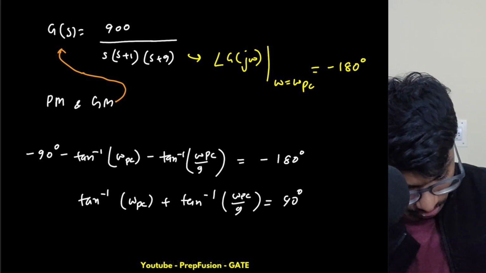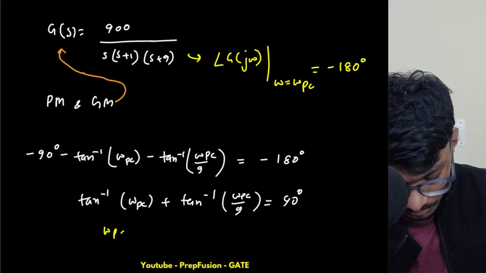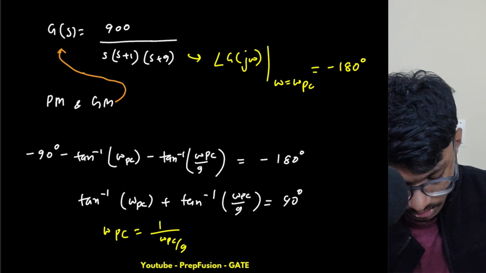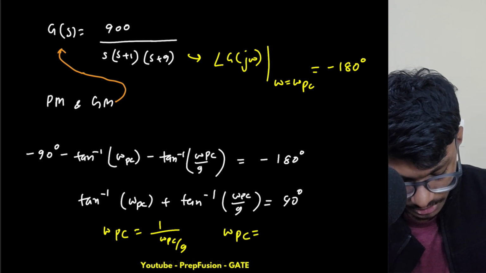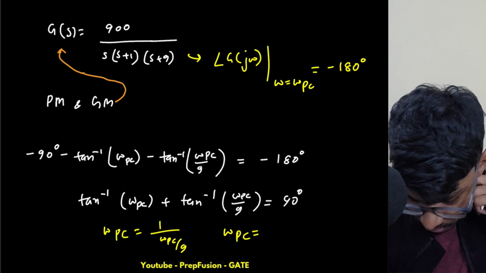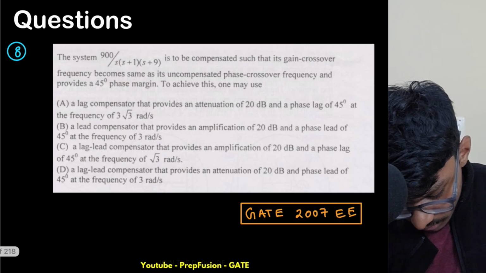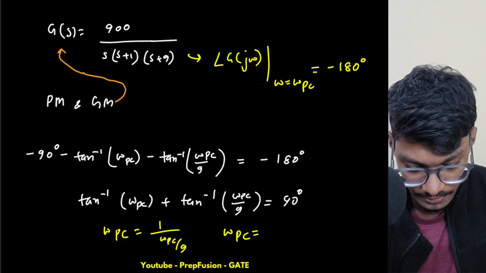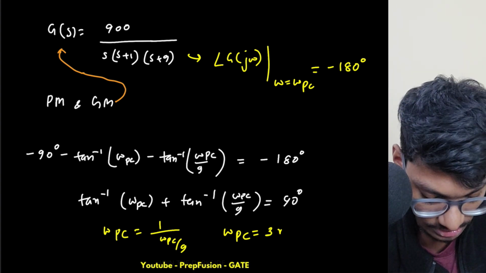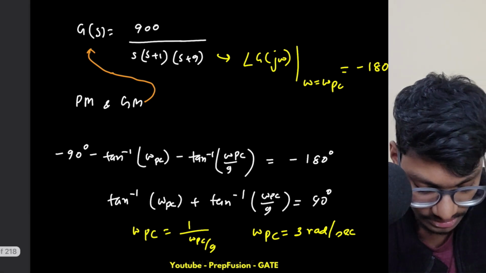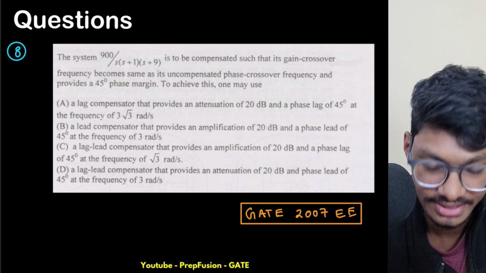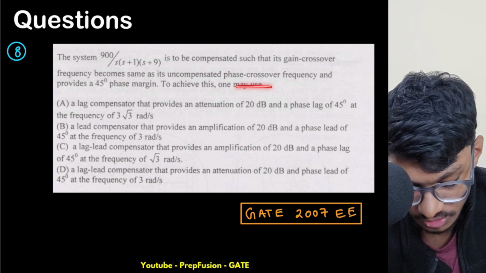So obviously my answer would be omega pc equals 1 over omega pc by 9. So omega pc will be 3 radians per second. Hence this tells us that the gain crossover frequency after compensating becomes the same as the phase crossover frequency.